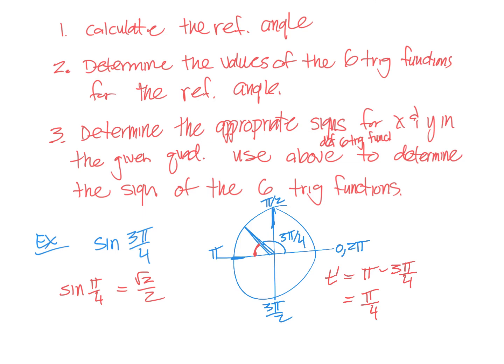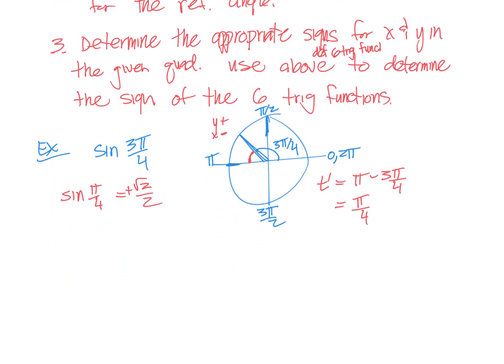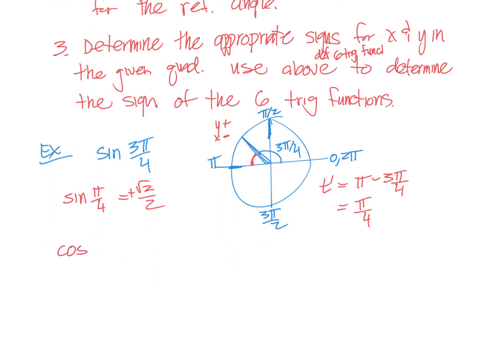Sine deals with the y values, and in quadrant 2, y is positive but x is negative. So sine of 3 pi over 4 is positive square root of 2 over 2.